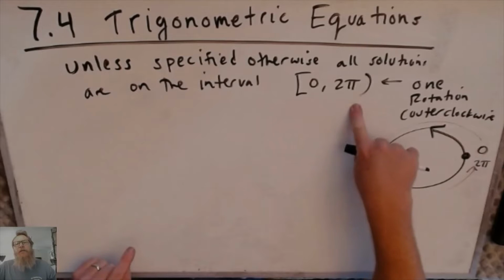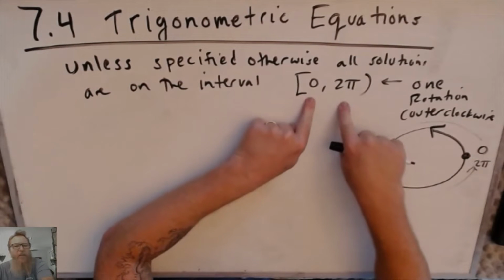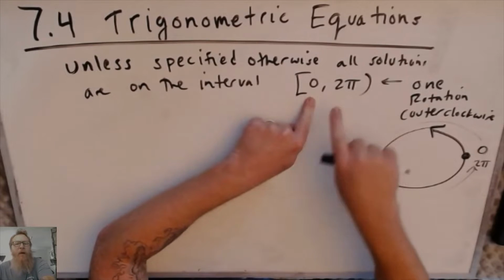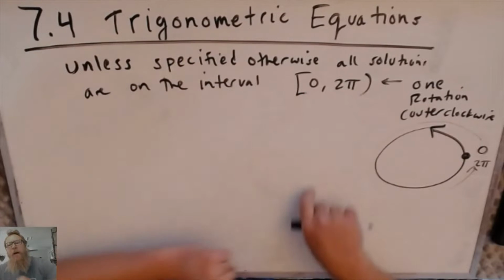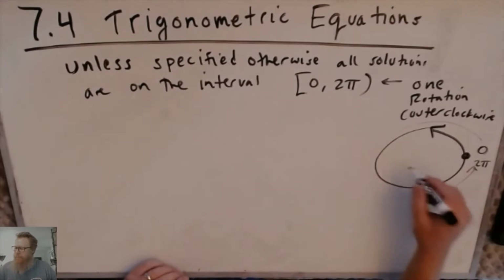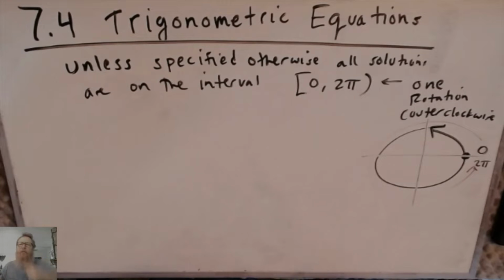Not including 2 pi, for obvious reasons, 0 and 2 pi are the same thing. So if you have a choice between the two solutions, you're always going to choose 0 and not the 2 pi solution. Okay. So we're going around the circle counterclockwise, one rotation.